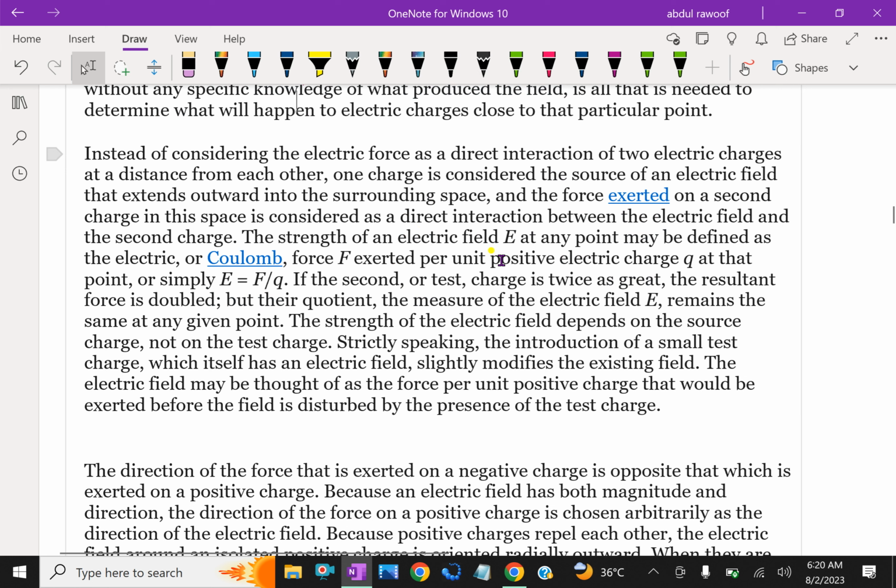The strength of an electric field E at any point may be defined as the electric or coulomb force F exerted per unit positive electric charge Q at that point, or simply E equals F over Q. If the test charge is twice as great, the resultant force is doubled, but their quotient, which measures the electric field E, remains the same at any given point.